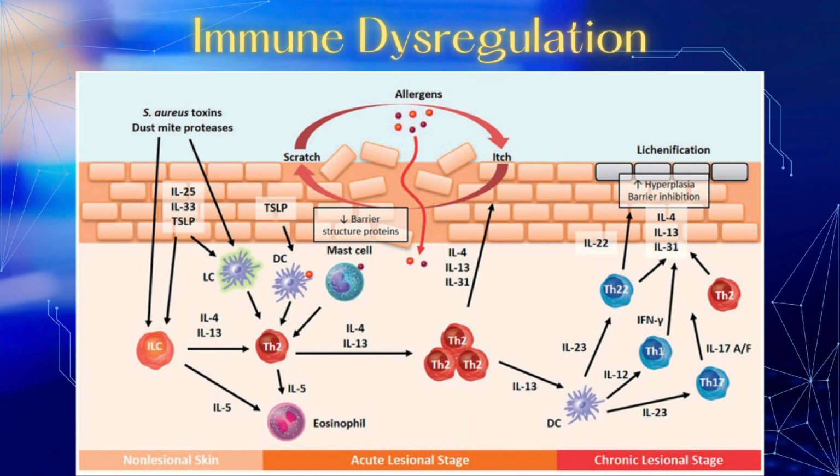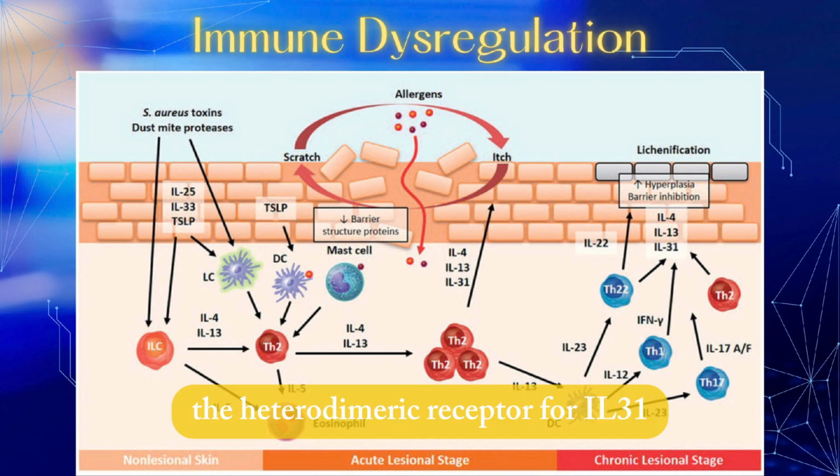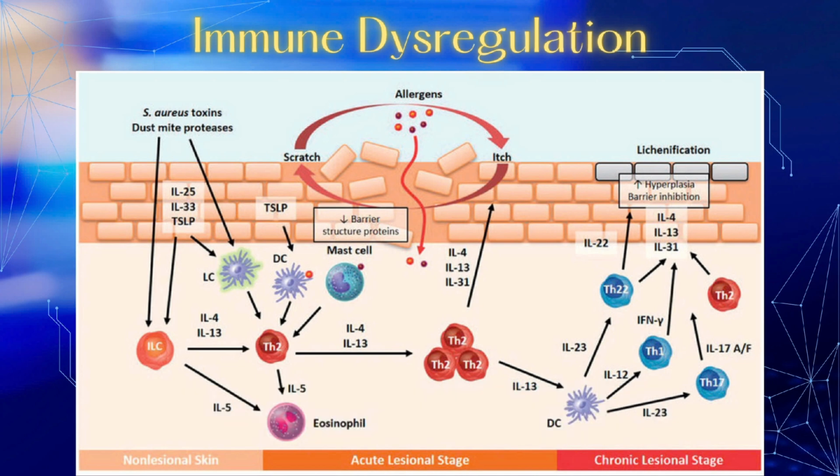The heterodimeric receptor for interleukin-31 is expressed in keratinocytes, eosinophils, activated macrophages, cutaneous nerve fibers, and dorsal root ganglia.